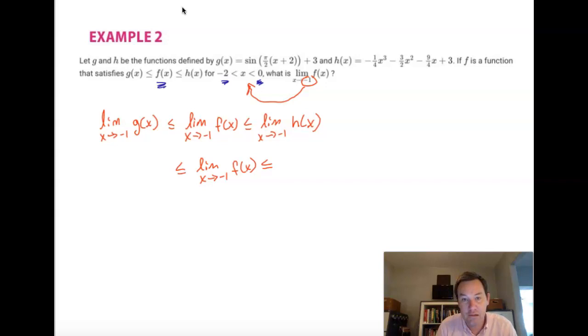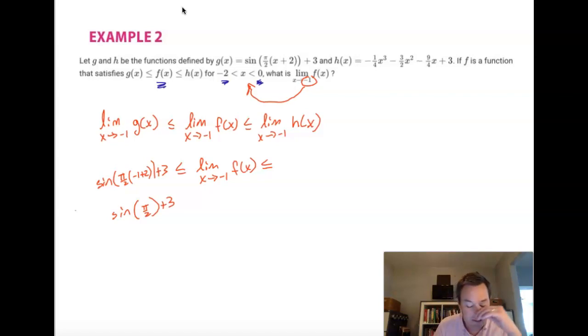If I plug in negative 1 there, do a direct substitution, I'm going to get sine of pi over 2 times the quantity negative 1 plus 2, plus 3. All right, so that's sine of pi over 2 plus 3.